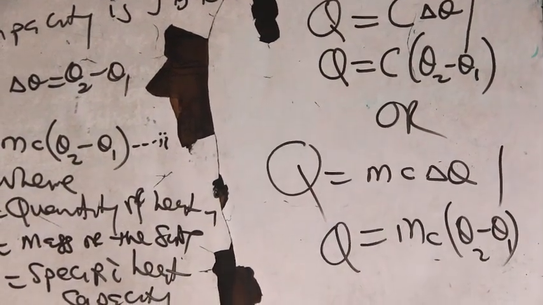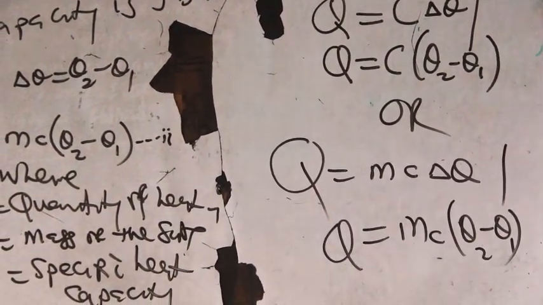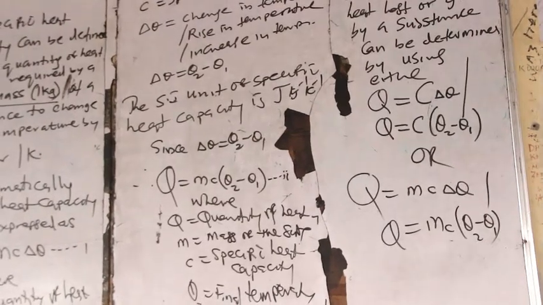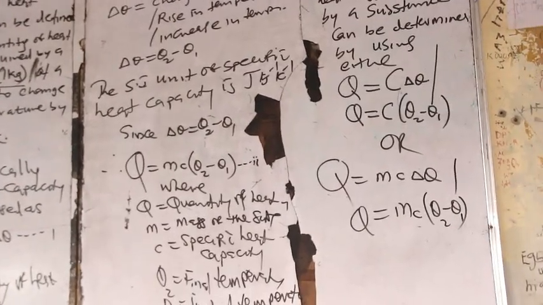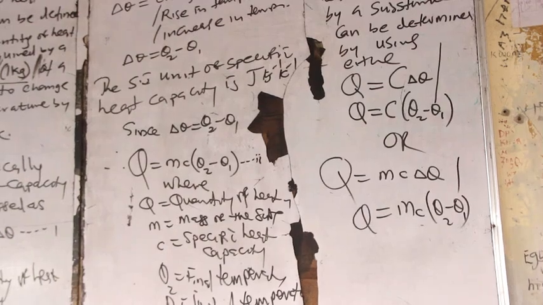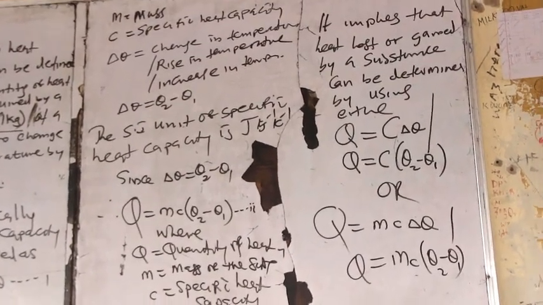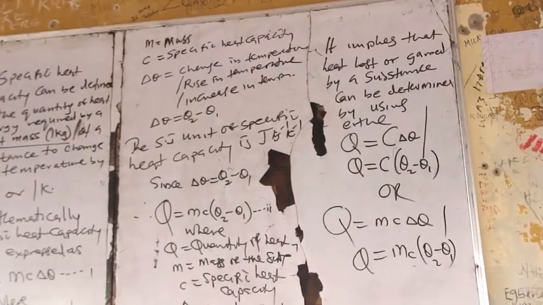Heat lost or gained by a substance can be determined by using Q equals C delta theta, or Q equals mc delta theta. The first one is used when thermal capacity is given and the mass is not known.